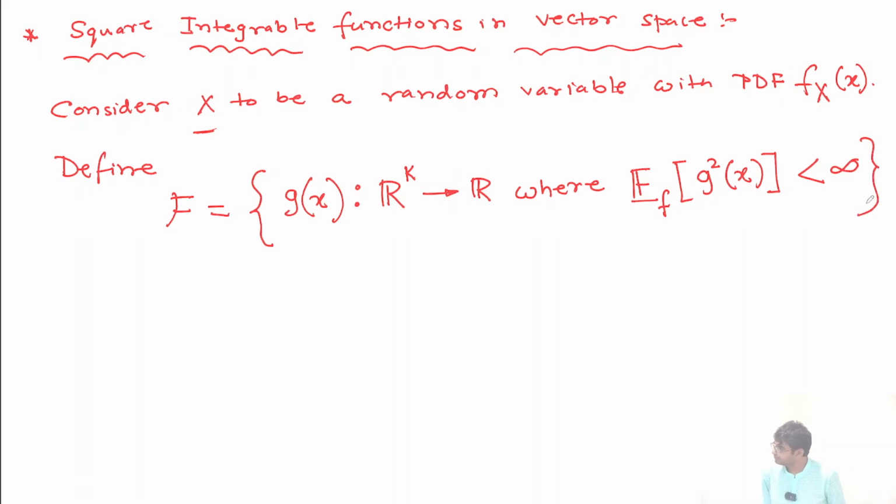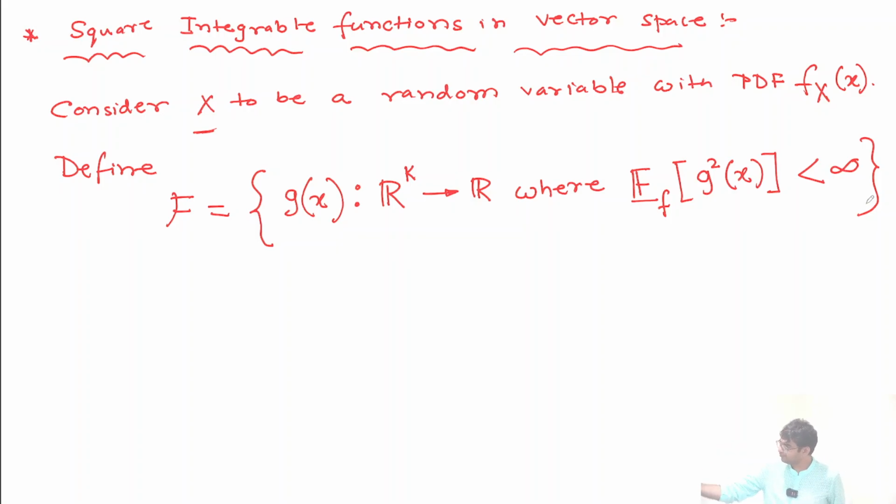What is it saying? So it is a collection of all the functions g. So g can vary, and it is a collection of all those functions. Each point in this space is a function. So it is the collection of all those g functions for which the expectation of the square of that function is finite. That means the variance is finite, it's not infinite, right?